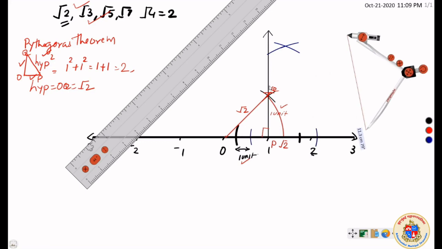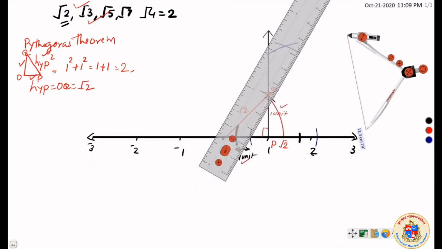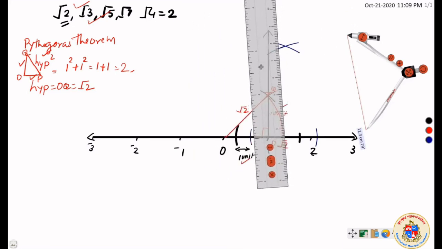This way we can draw a perpendicular at root 2 now.